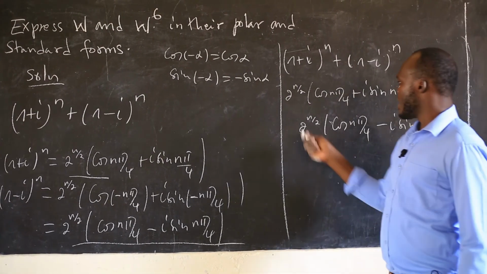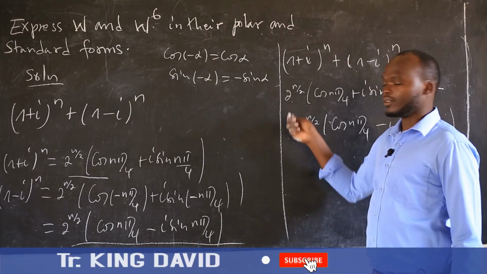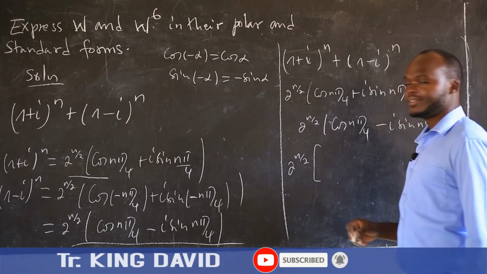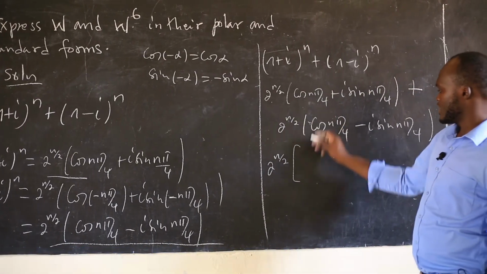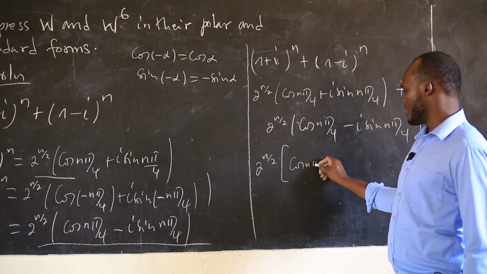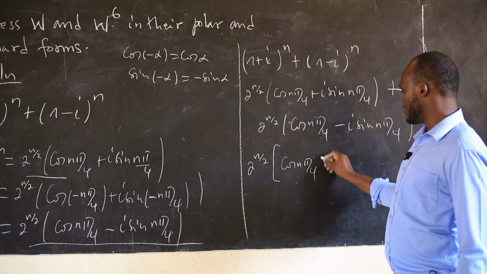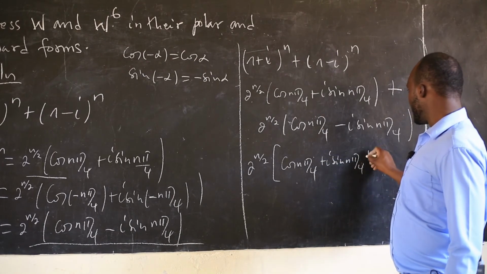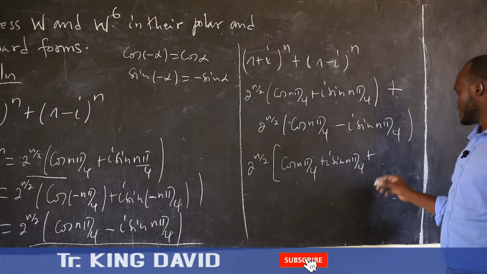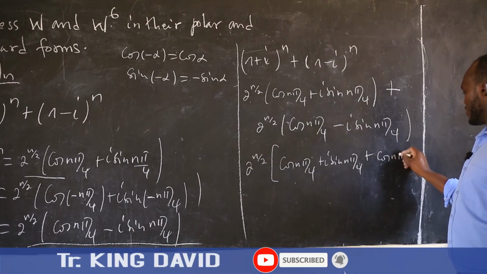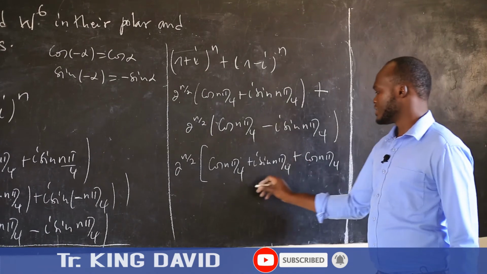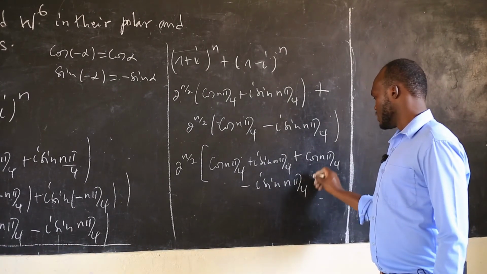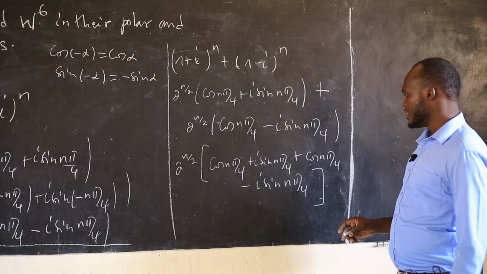You see, we have the common value 2 power n over 2. We take it out of the bracket, and we remain with cos n pi over 4 plus i sine n pi over 4 plus cos n pi over 4 minus i sine n pi over 4. We close the bracket.